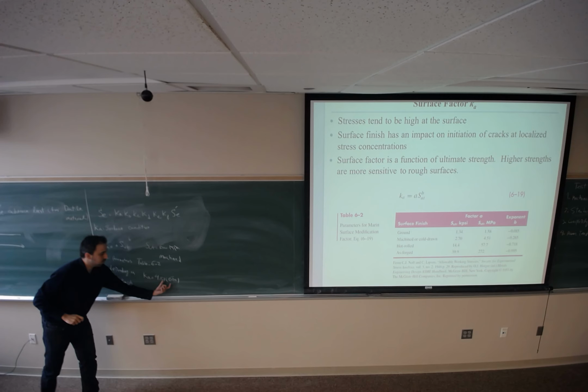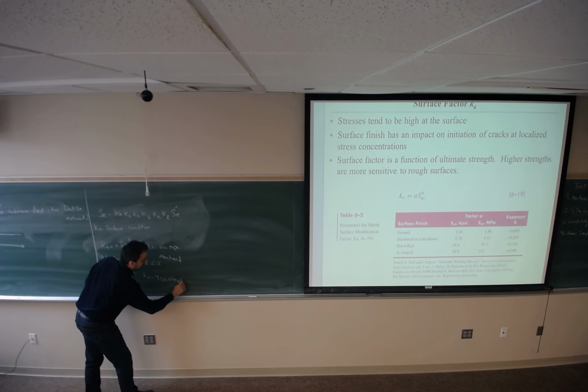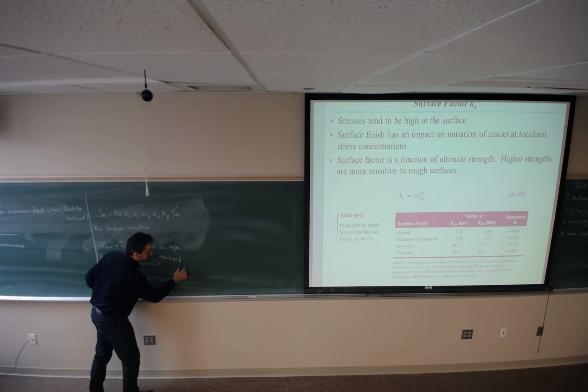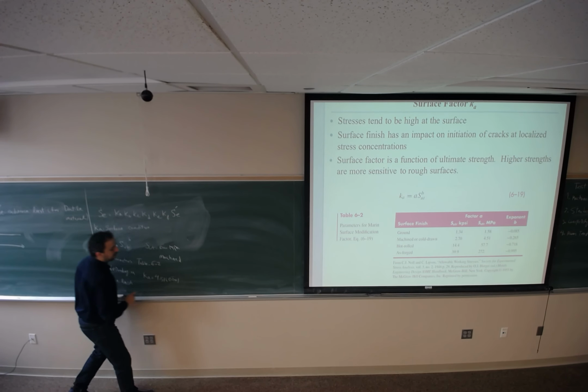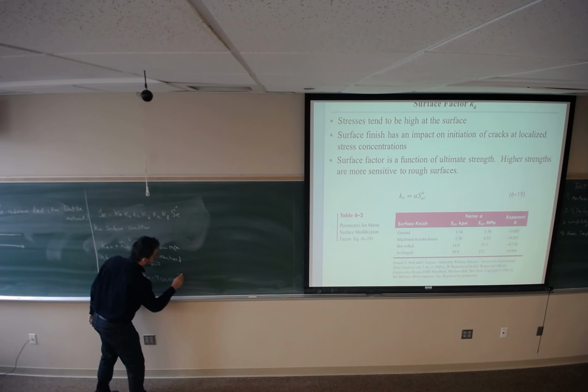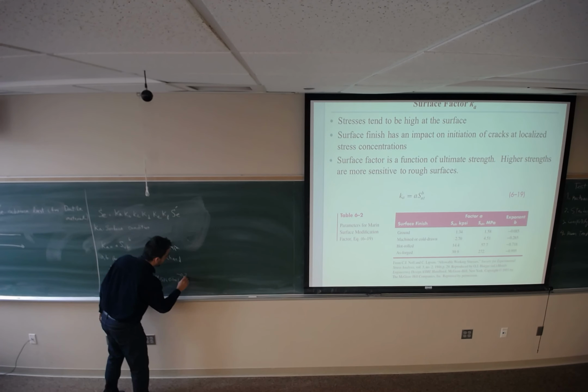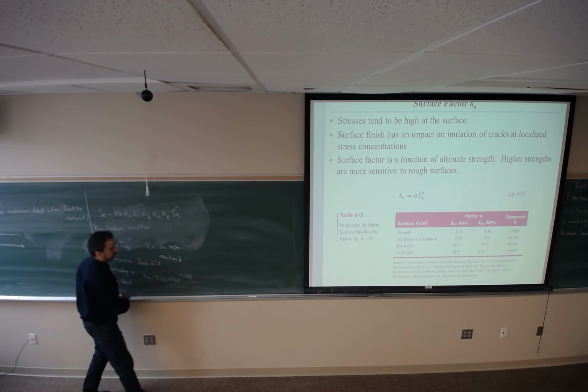So inside the parentheses, don't have 600 times 10 to the power 6. It should be in megapascal, or kpsi if it's in US units. And power negative 0.265. And find Ka.